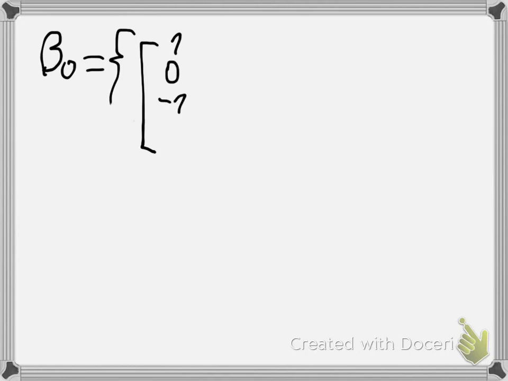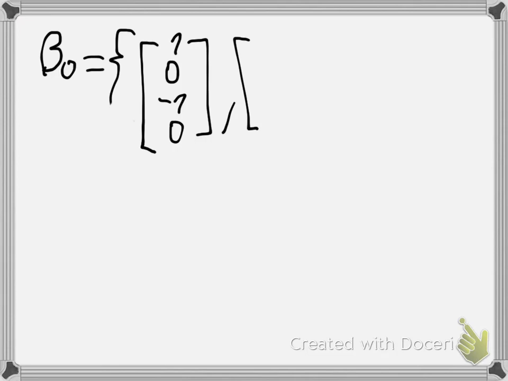Here I will do an example about the change of bases. Let's say I have my old basis. Let's call it B0, which contains the following vectors. 1, 0, negative 1, 0.